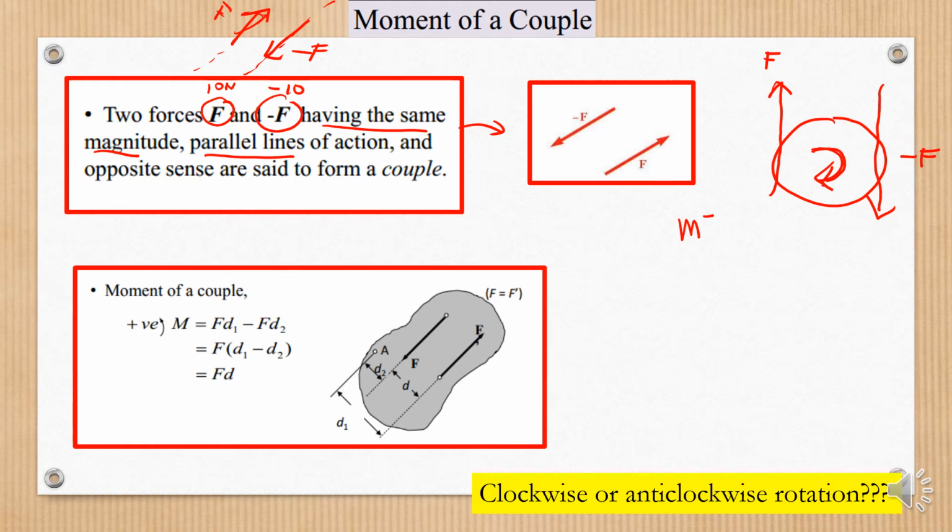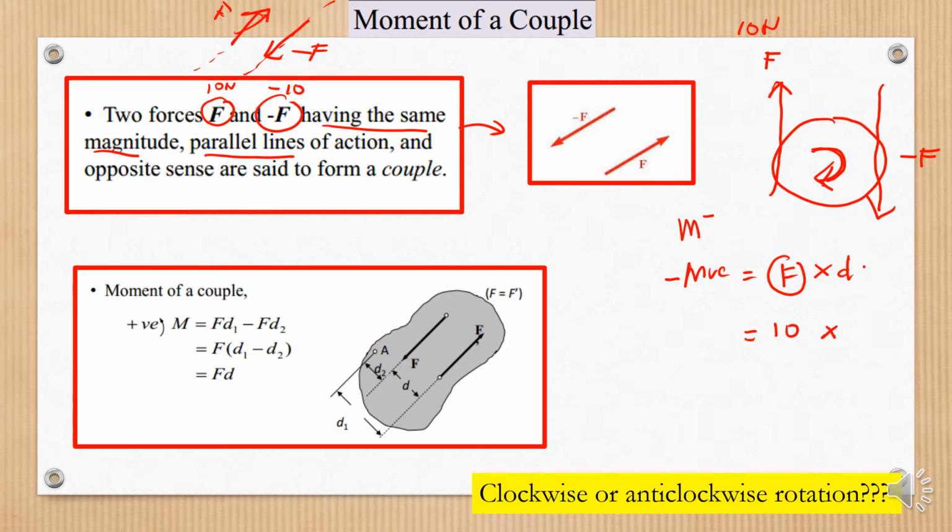To calculate the moment, we still use the same formula, F times d. Since both forces have the same value, we just choose one. For example, let's say this one is 10 Newton, so we just put 10 Newton, and times d.